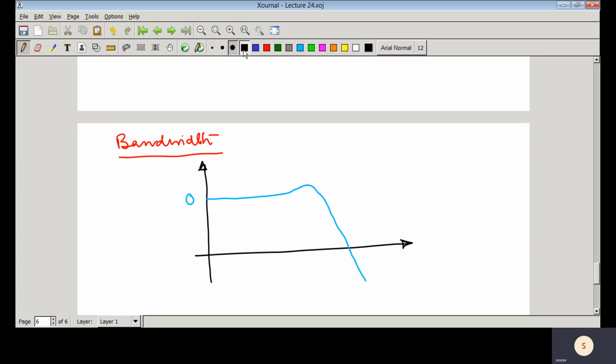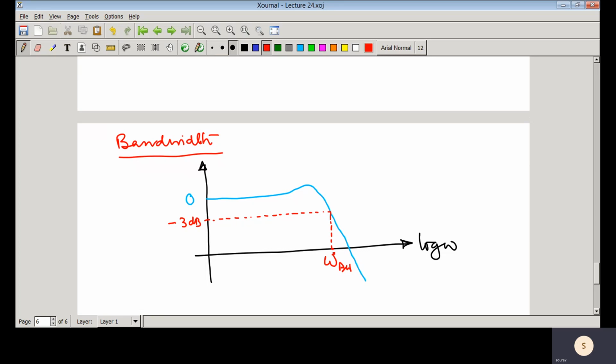Suppose this is the -3 dB line, that is 20 log 1 by root 2. If we draw this line here, then we can see that this is that frequency.